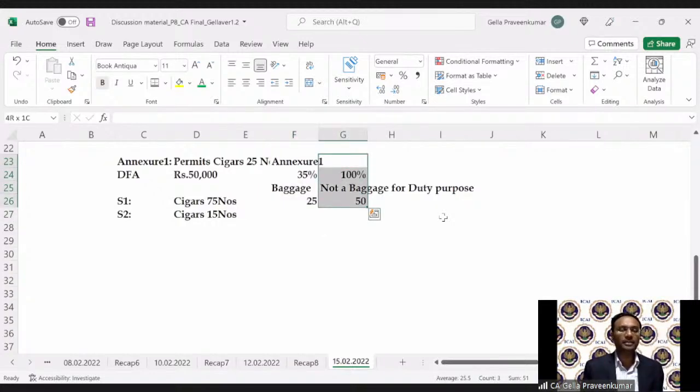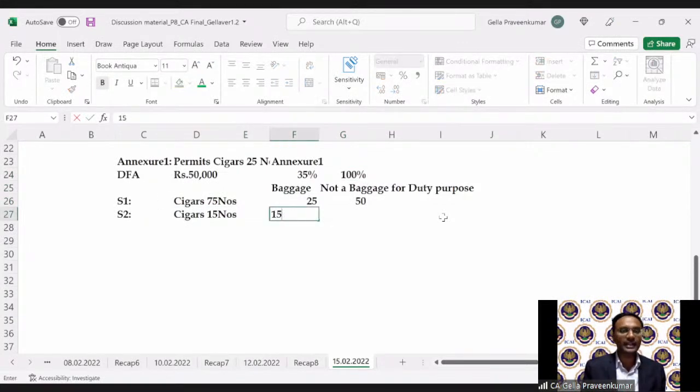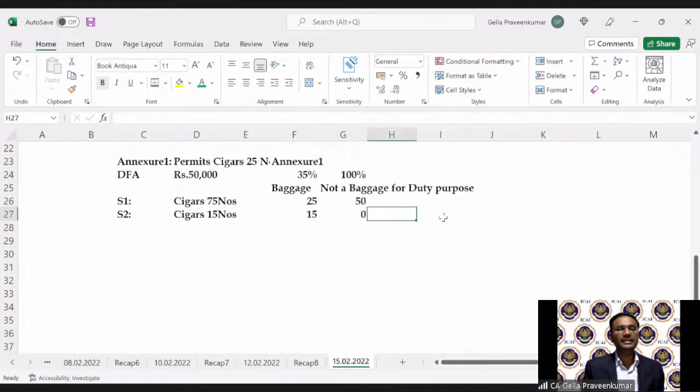So what is not part of baggage? 50 numbers. Why? When I say it is a baggage, my ad valorem 35% is the duty. So what if it is not part of baggage? 100% is the assessment value. So in case of 50 numbers, I call 50 numbers as a part of baggage, not part of baggage, 0. This is how I take into consideration. Hope this is clear, Sairam.